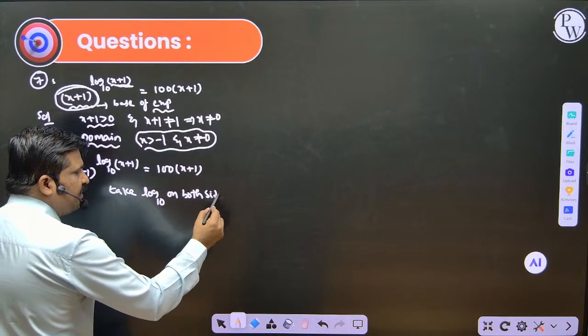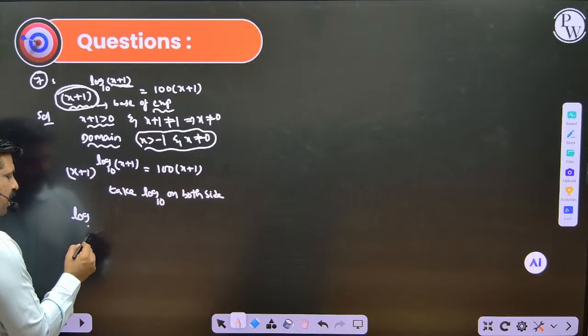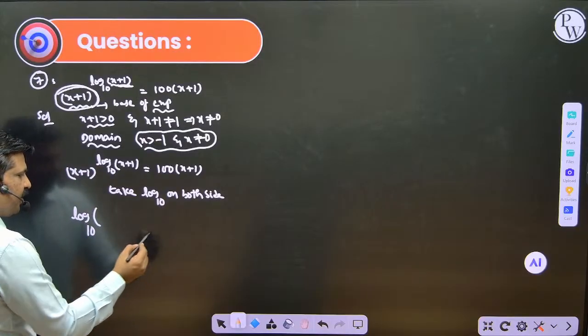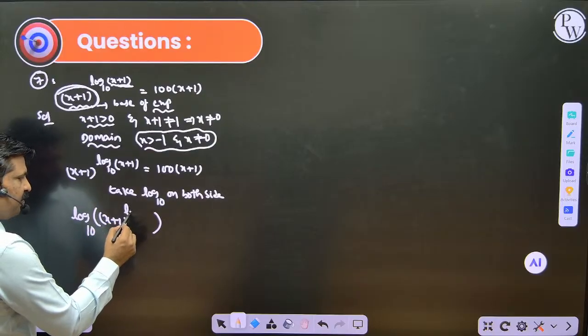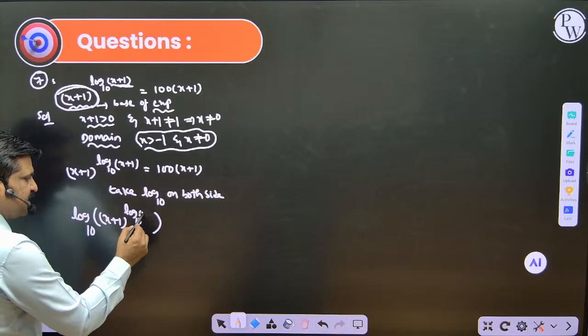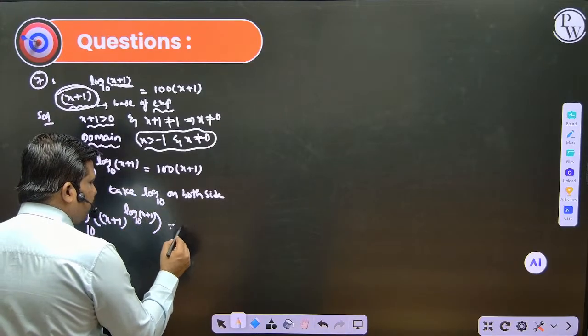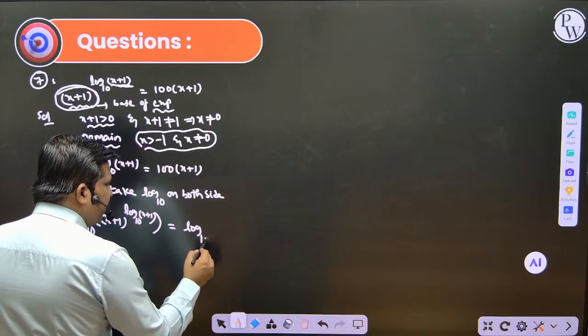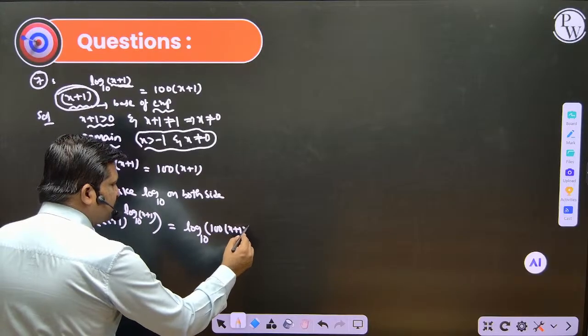Then log base 10 of x plus 1 whole power log base 10 of x plus 1 is equal to log base 10 of 100 into x plus 1.